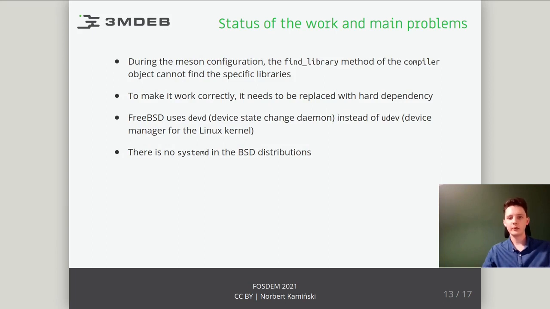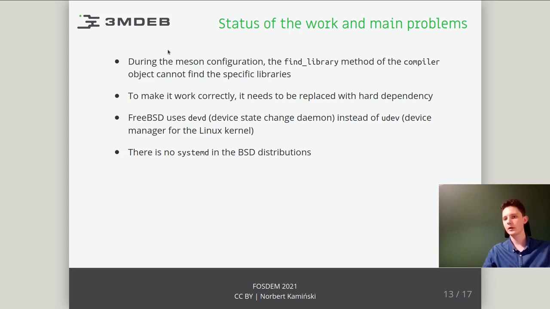During the Meson configuration, we are looking for libraries with the find_library method of the compiler object. This method doesn't work correctly, so we have to change it to a hard dependency to make the configuration of the project work correctly.